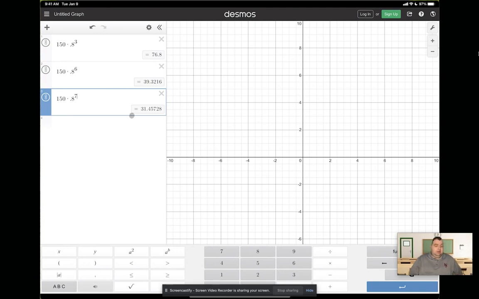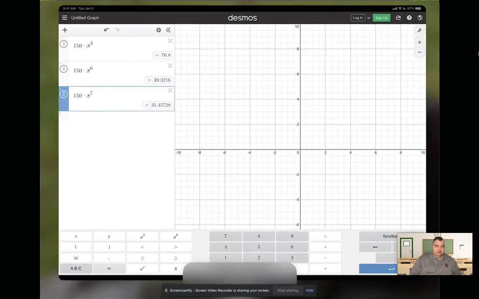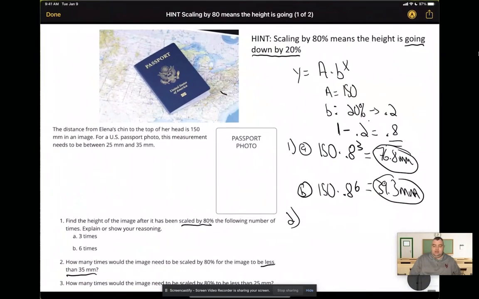And what do you know? It's 7 times. We're now less than 35. So to get the image to be less than 35, I would have to scale the image by 80% at least 7 times. Because at 6 times, it's above 35, and at 7 times, it's below 35.